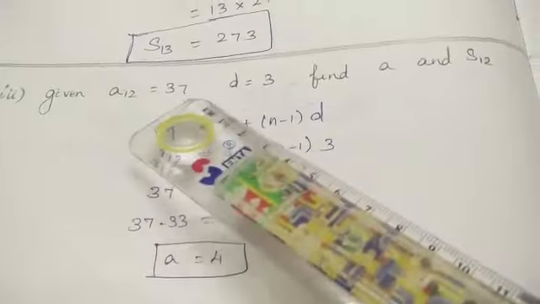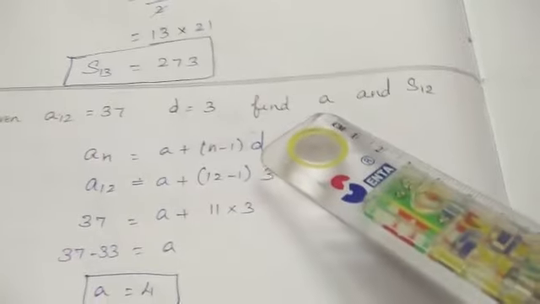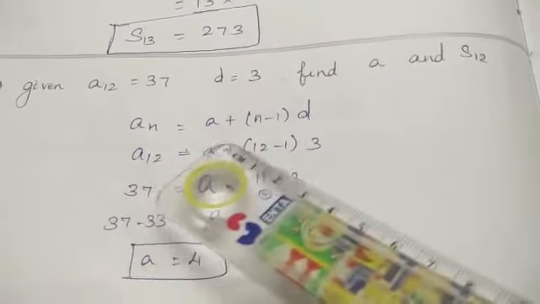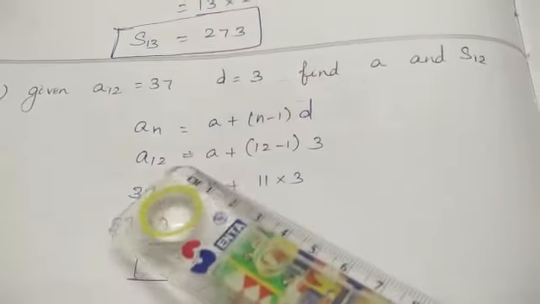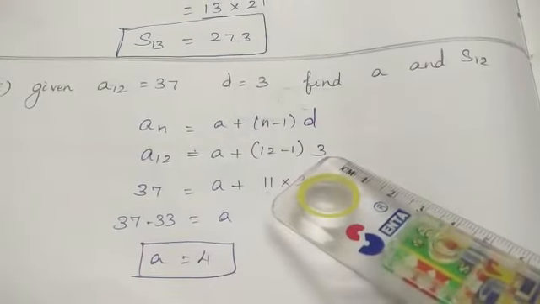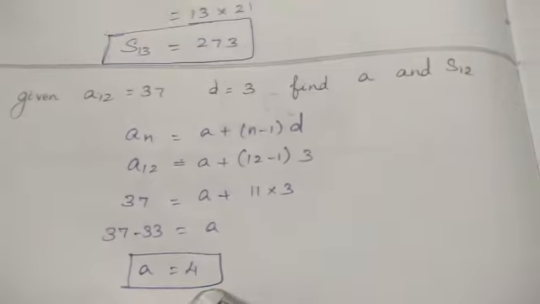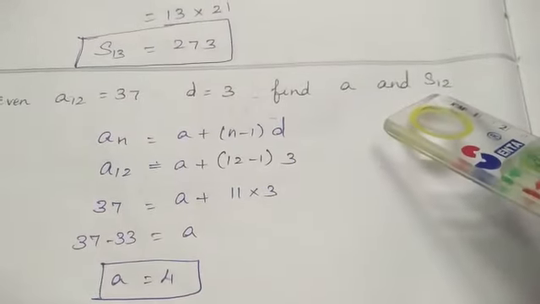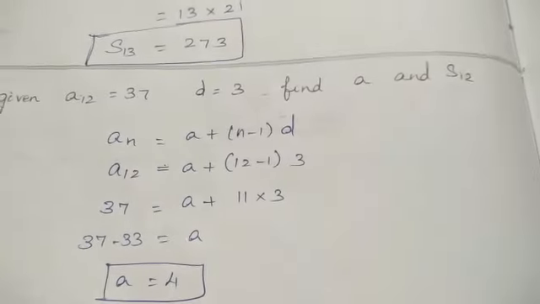Given a12 equal to 37, d equal to 3, find a and s12. General term: an equal to a plus n minus 1 into d. A12 equal to a plus 12 minus 1 into d, then substitute and get the a value. Once you have a, here also you apply n by 2 into a plus l.